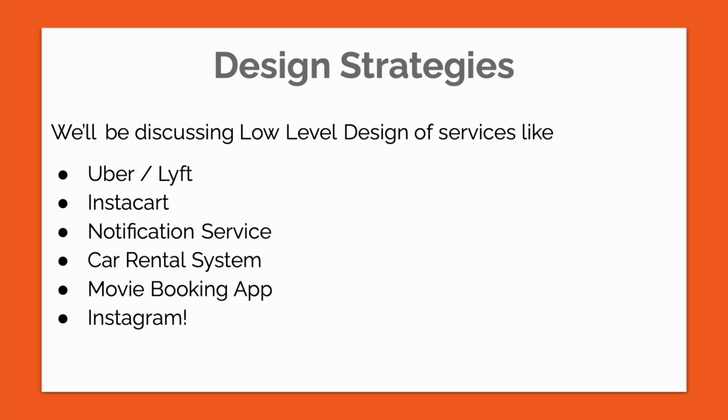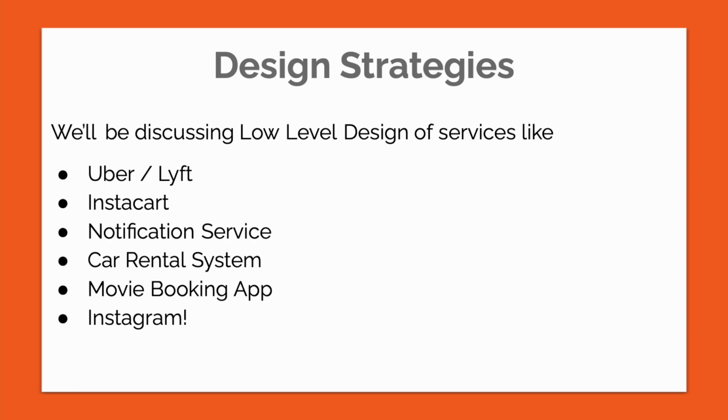Now coming to how these will be used, we'll be looking at the low-level design, the class diagrams, and the database structures for some common services, for example, Uber, Lyft, Instacart, a very generic notification service which can send notifications via email, text messages, and other channels, and then even a car rental system, a movie booking app, and also Instagram.